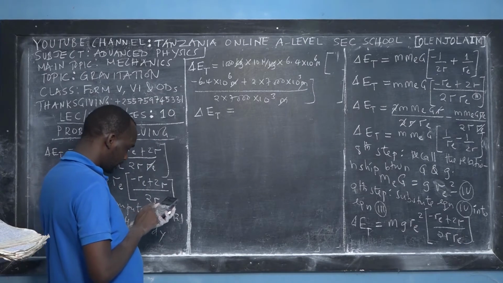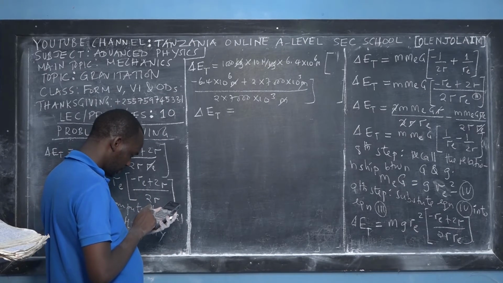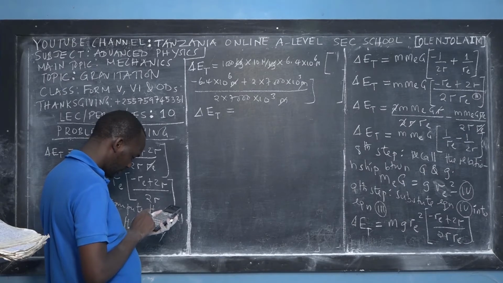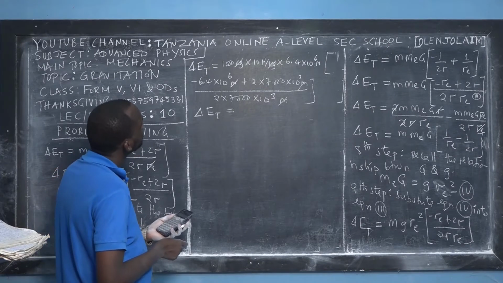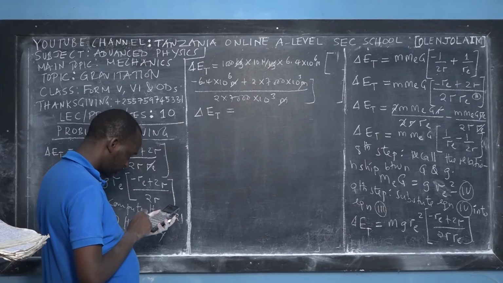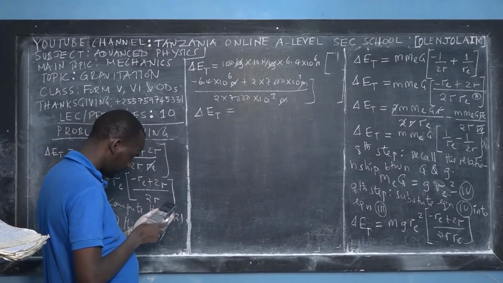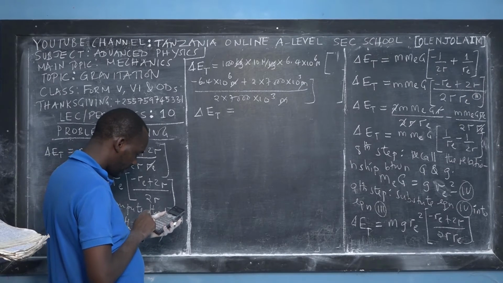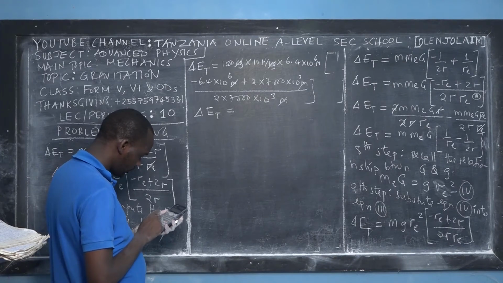Then divided by 2 times 7 exponent 6. Then we multiply by 6.4 exponent 6. We multiply by 1,000. Multiply by 10.